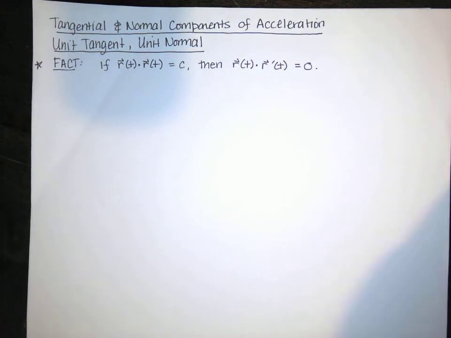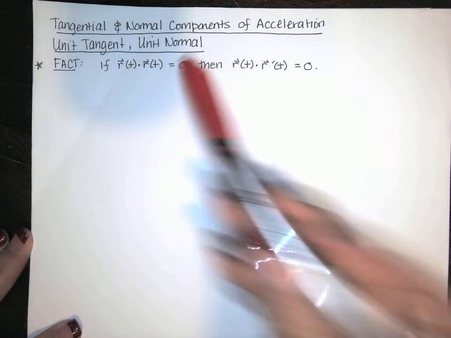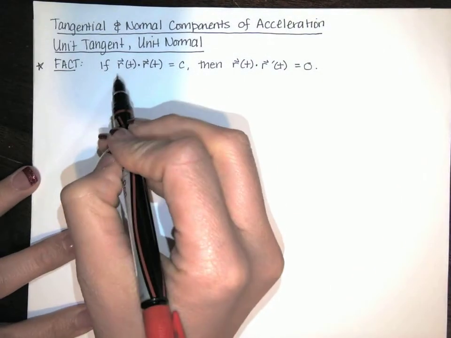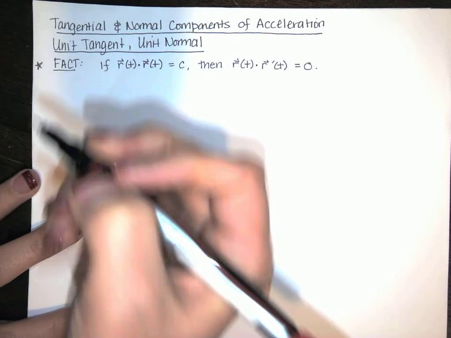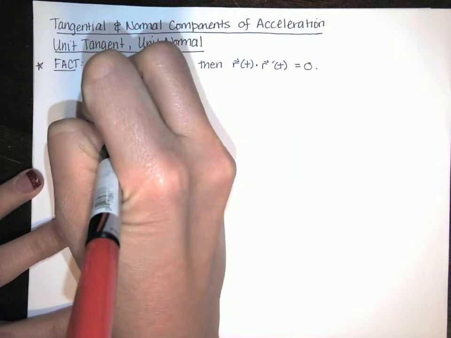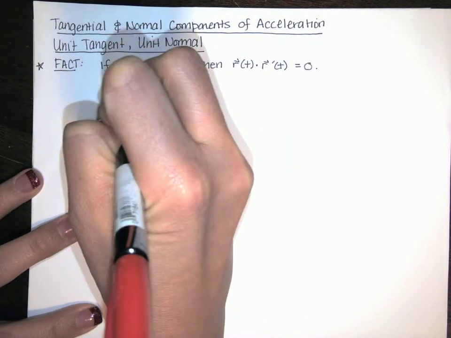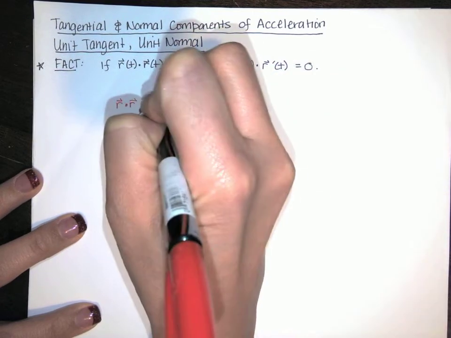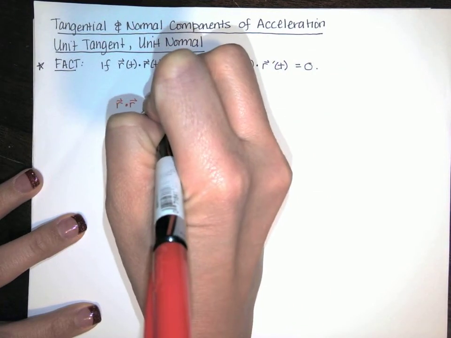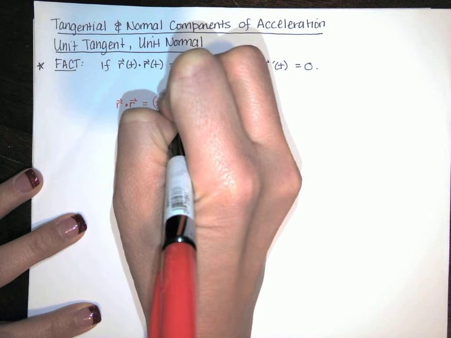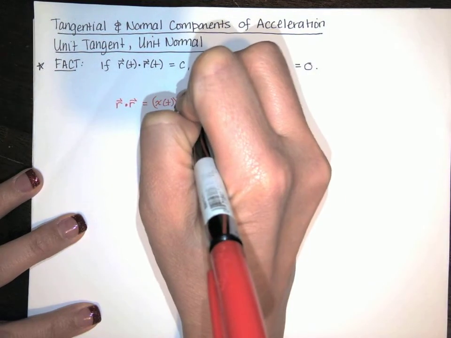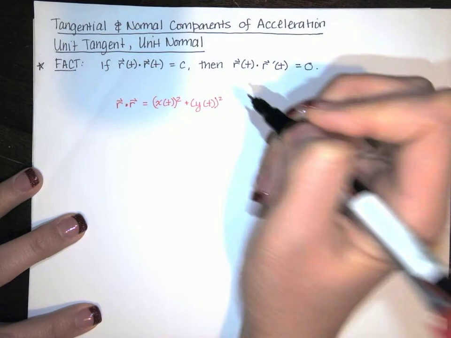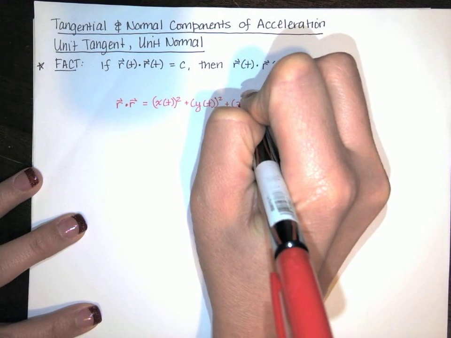This first part says that a vector dotted with itself is a constant. Now, geometrically, what that means is that if I take r and I dot it with itself, that's going to be the x component of r times the x component of r, plus the y component of r times the y component of r, plus the z component of r times the z component of r if I'm in 3D.